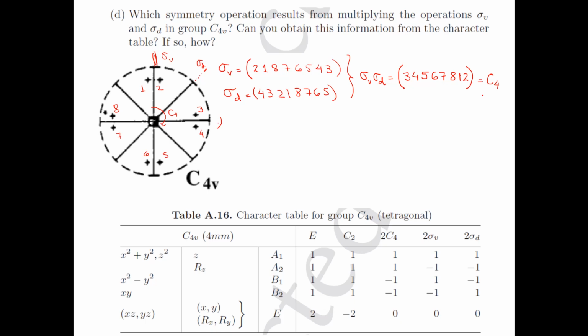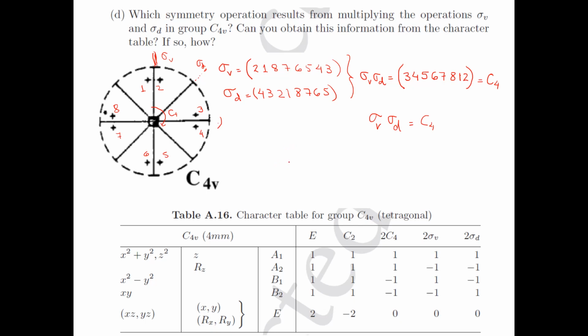Okay, so sigma v times sigma d is equal to C4. A combination of 2 reflections in this case is equivalent to a rotation by 2 pi over 4. So the second question is, can you obtain this information from the character table?